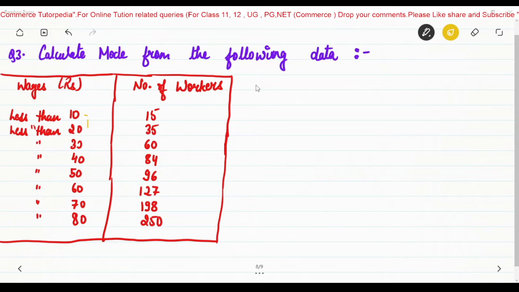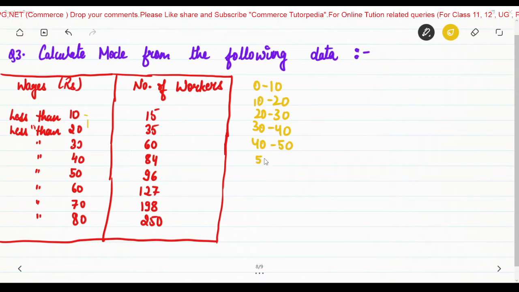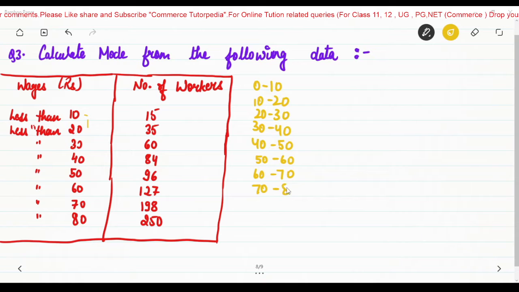So when we tabulate our data, we are going to write the class intervals as 0 to 10, then 10 to 20, 20 to 30, 30 to 40, 40 to 50, 50 to 60, 60 to 70, then 70 to 80. Now how will we write the frequencies?